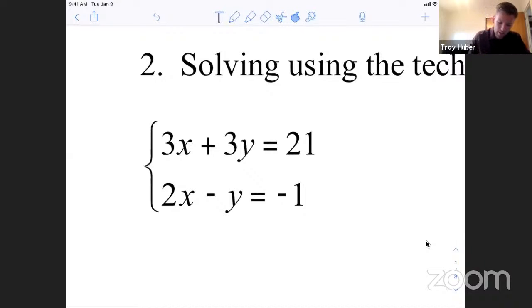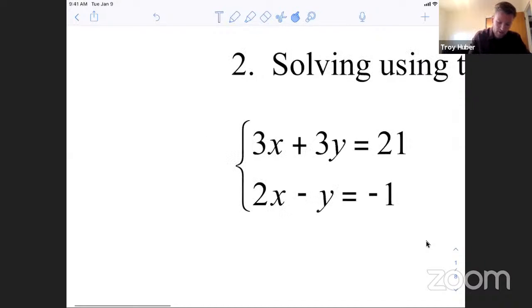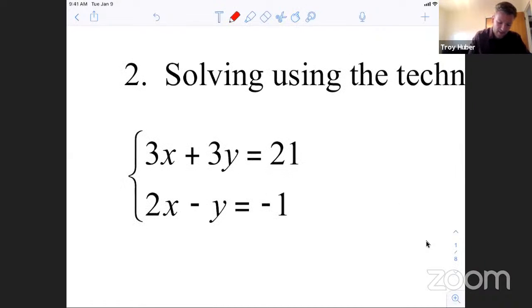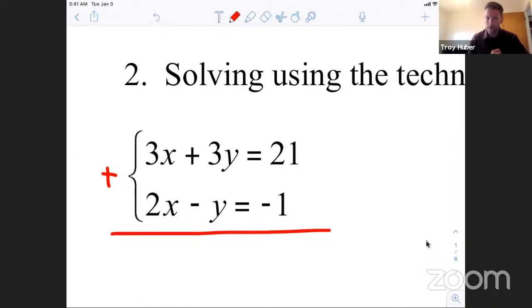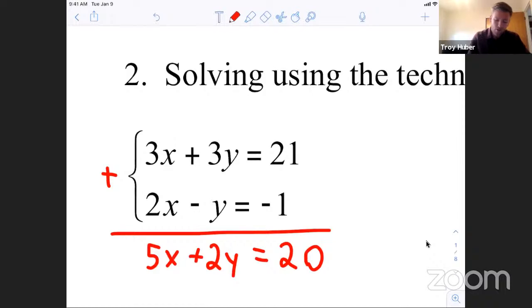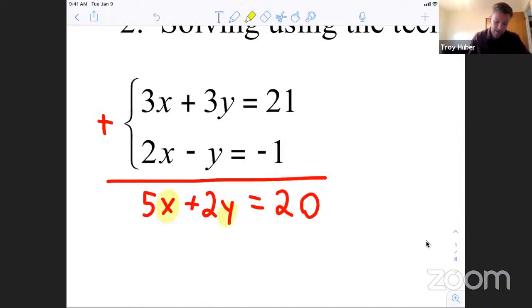If I took these two equations and added them together right away, I would get 5x plus 2y is equal to 20. Notice we still have an x and we still have a y, so we can't solve for either of them because we have two variables. So I need one of those to cancel out.